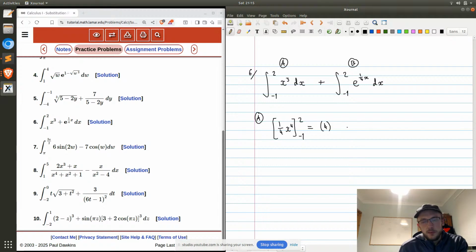And then plug in -1, so that's just 1/4. So that'll be 3 3/4, or as some people like it, 15/4.